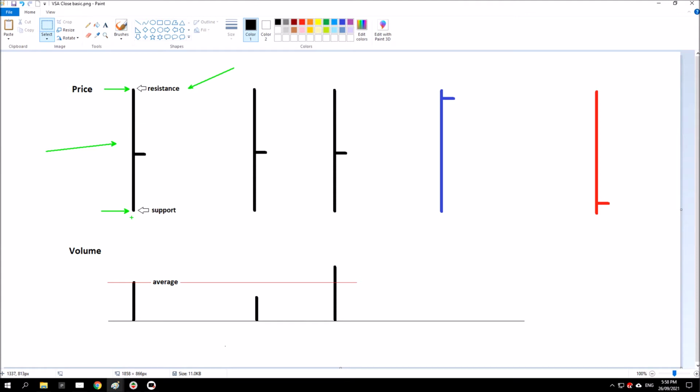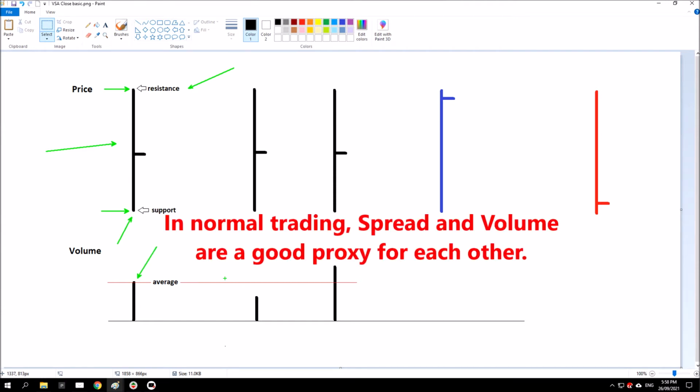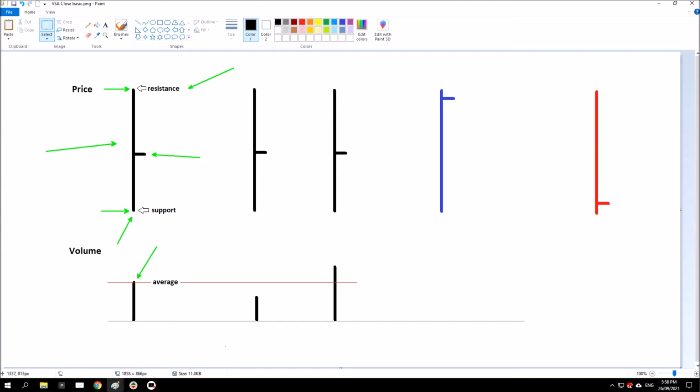Now, any bar, you expect to have approximately average spread matching fairly equally with average volume. This is what's expected in the market. And the close represents an equilibrium in the market where the buyers and the sellers were fairly equally matched and prices closed, in this case, in the middle.